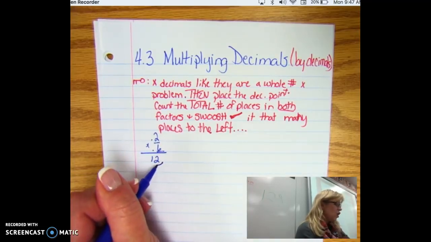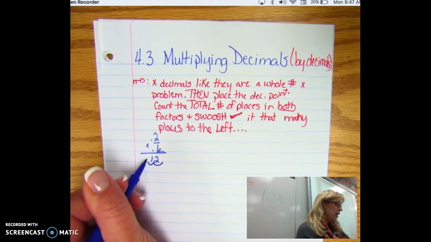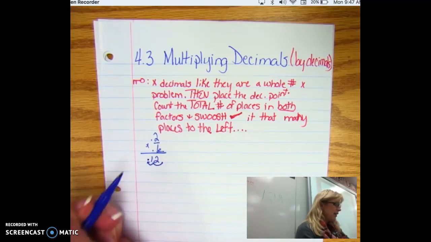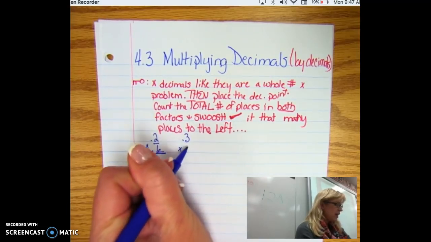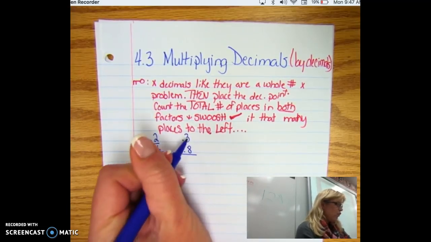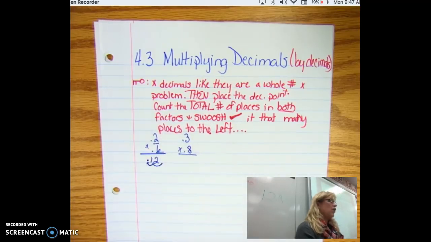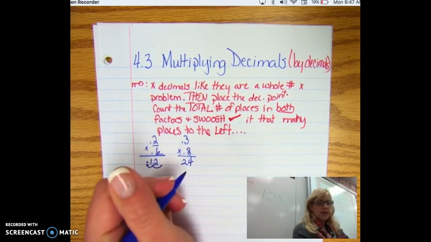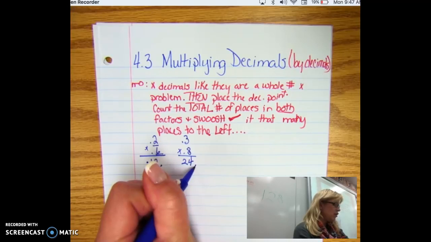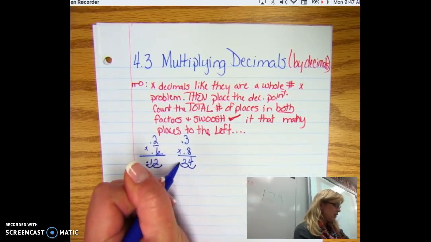I'm going to swoosh 1, 2, and I'm going to place my decimal right there. Same thing with 0.3 times 0.8. I have 1, 2 places total after the decimal. 3 times 8 is? Can I shout it out? 24. And then I am going to swoosh my decimal 2 places here.